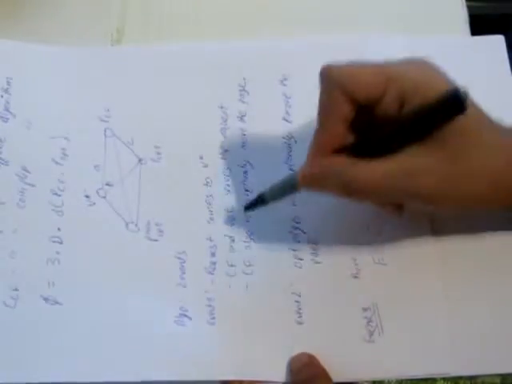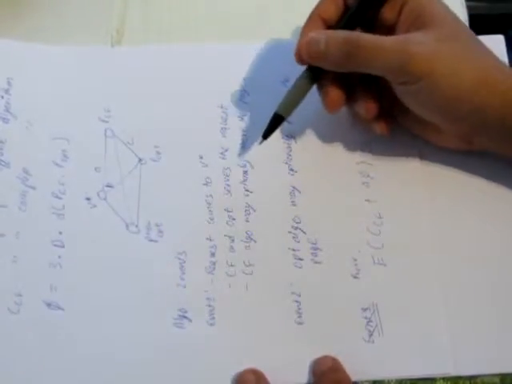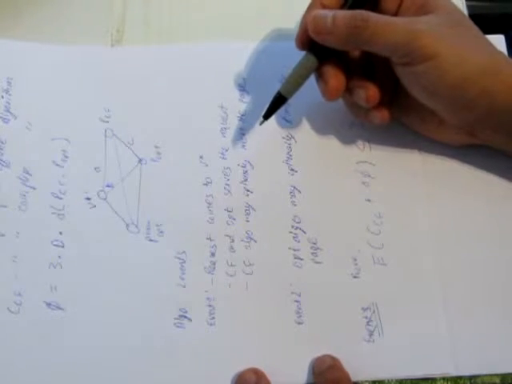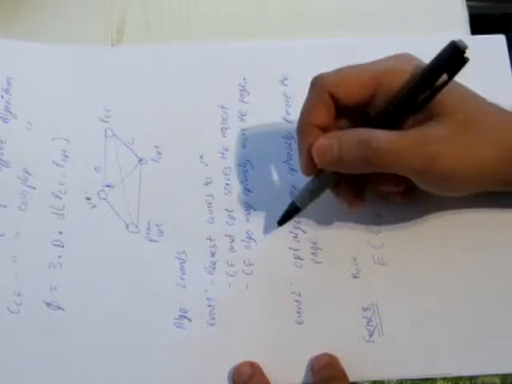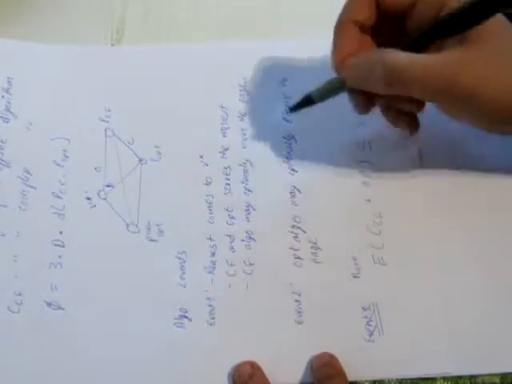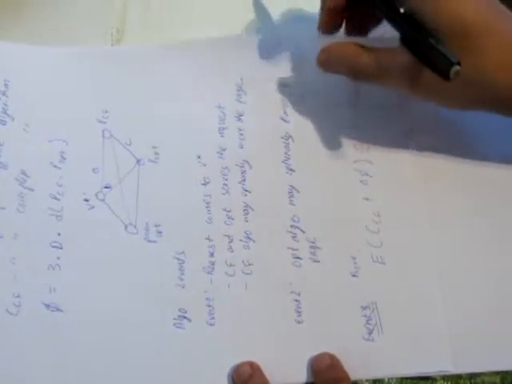Because in event 1 the offline algorithm simply moves the page, but the online algorithm, the coin flip algorithm, serves and moves the page. So basically we are comparing both.